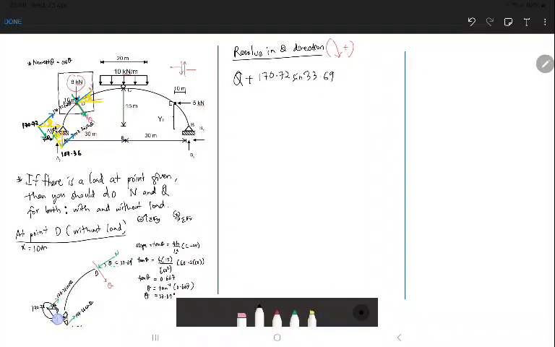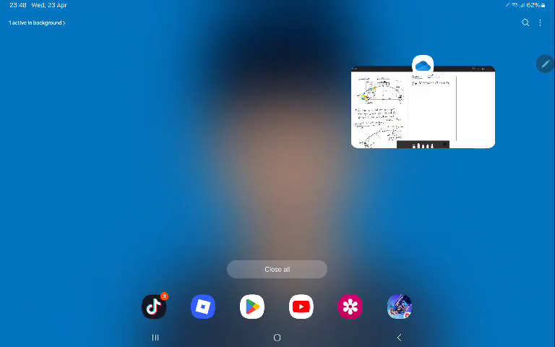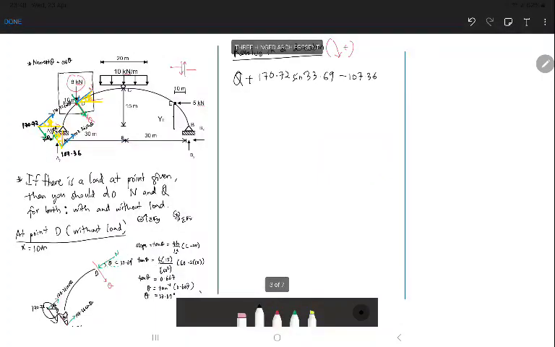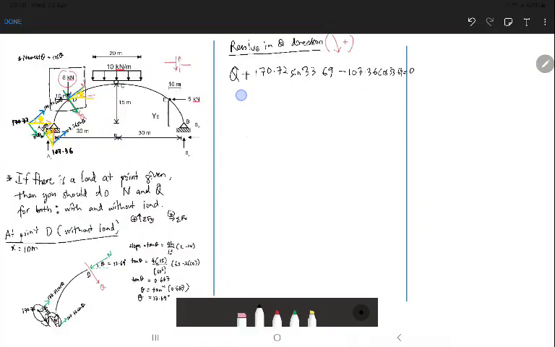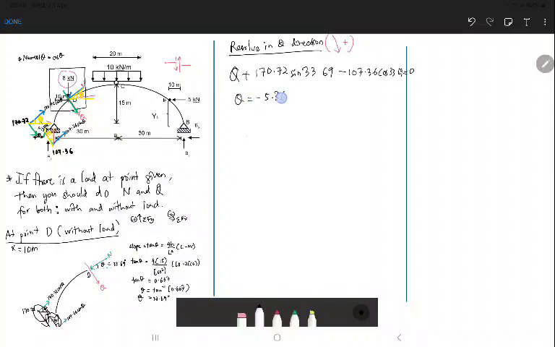Okay, and then in this direction, so minus 107.36 because it was nearest theta, so cos theta, equal to 0. Okay, calculate Q. You get Q is negative 5.369 kilonewton.